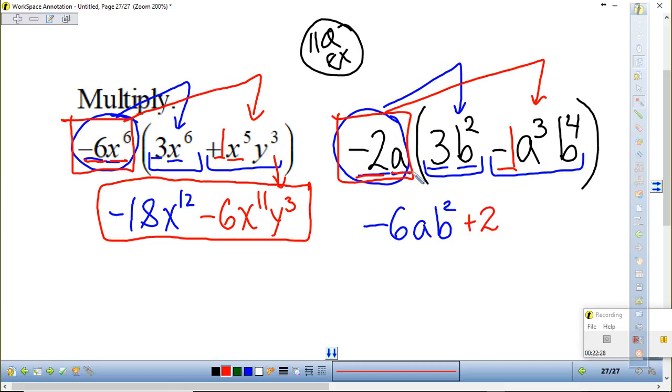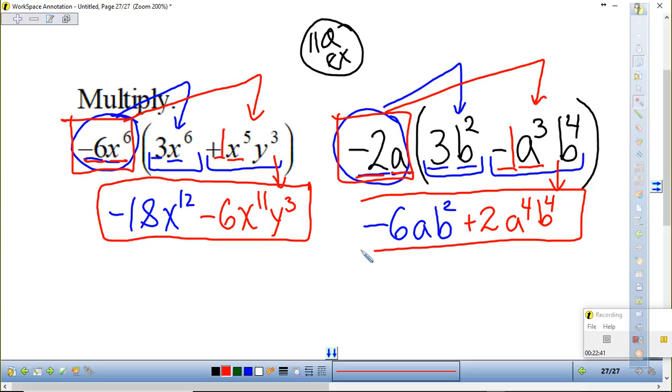What is a times a cubed? A to the fourth, and then since there's no b over here, you just bring this one down, b to the fourth. Can we do anything else? No. We good? Do we need another one of these? No. Let's go to number 12.